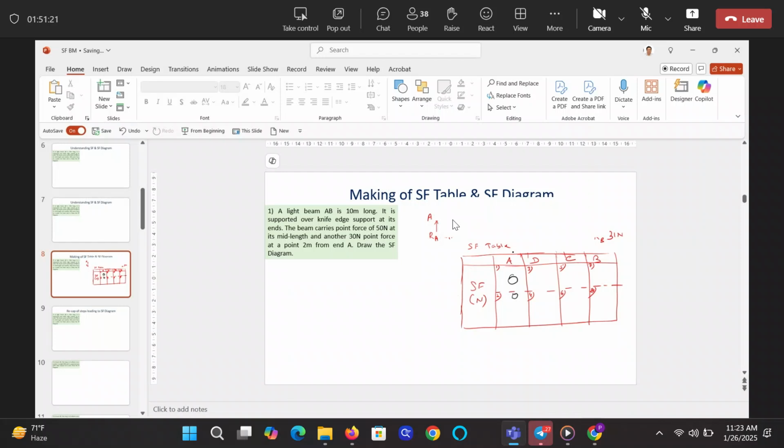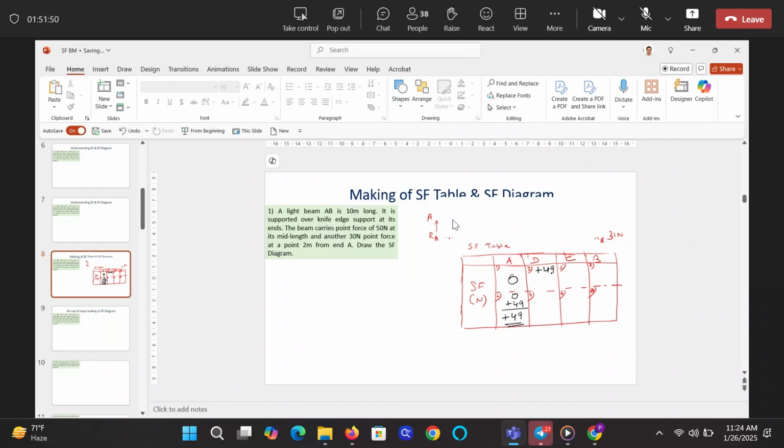Now I'm allowing the change from just left to just right. The change is plus 49. That means shearing force just to the right of A is 49. That means the change at A is from 0 to plus 49. Is that clear to everybody, class? Yes or no? Yes, sir.